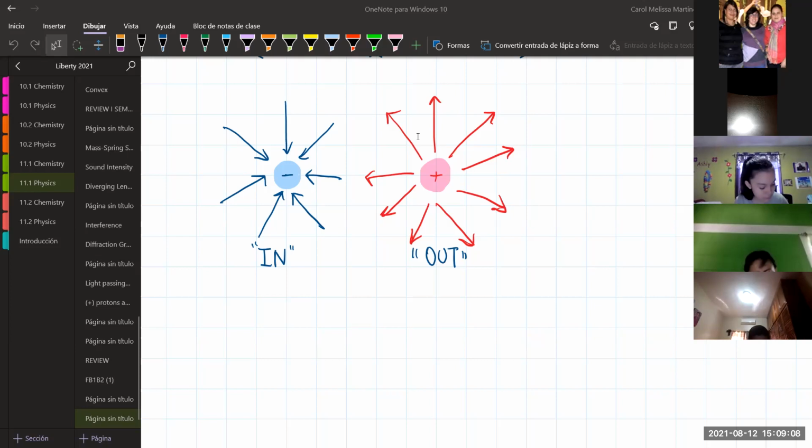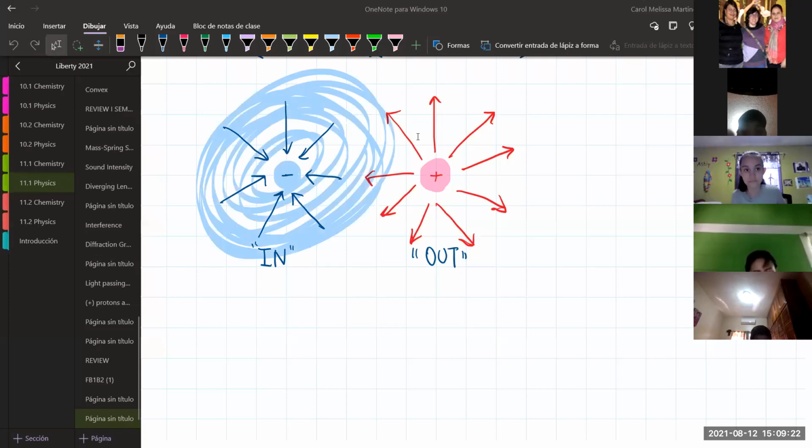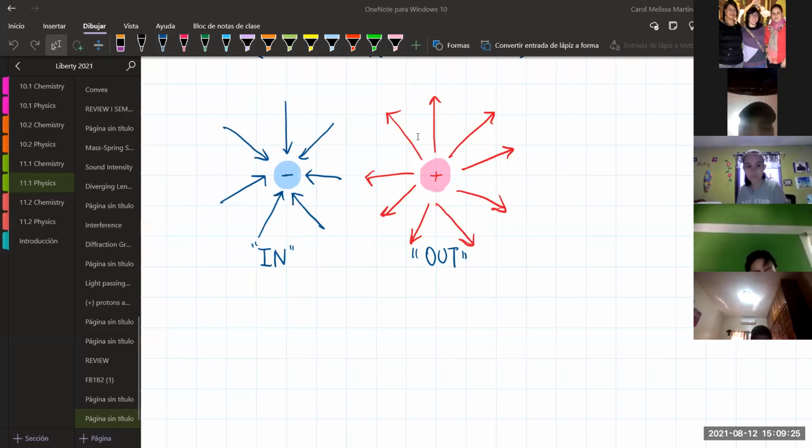It's not like we can say that there are 7 electric fields. No, there are infinite electric fields because it's a region. The region is everything in the surrounding area, but the intensity depends on how close it is to the charge.